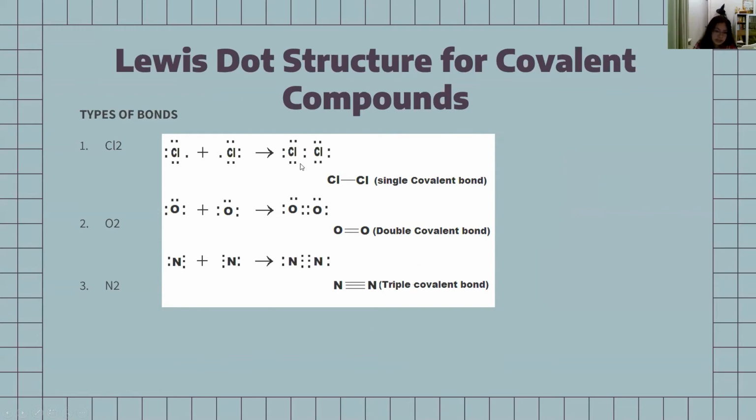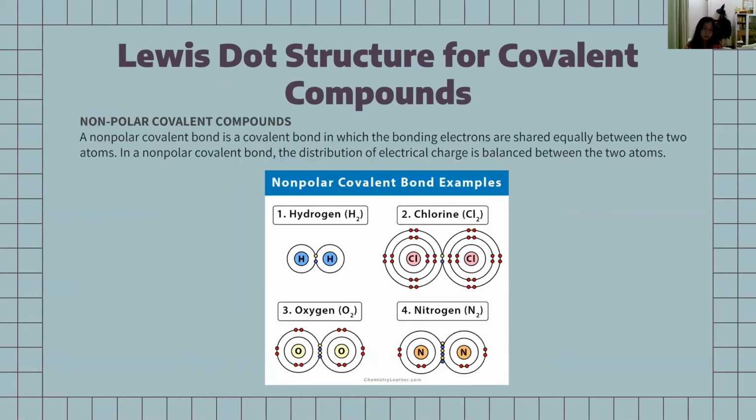So you can see here, if single, both atoms share 1 electron. So one gives 1 and the other one gives also 1 electron. If double covalent bond, it gives two electrons from each atom. Then if triple covalent bond, it gives 3 electrons from each atom.